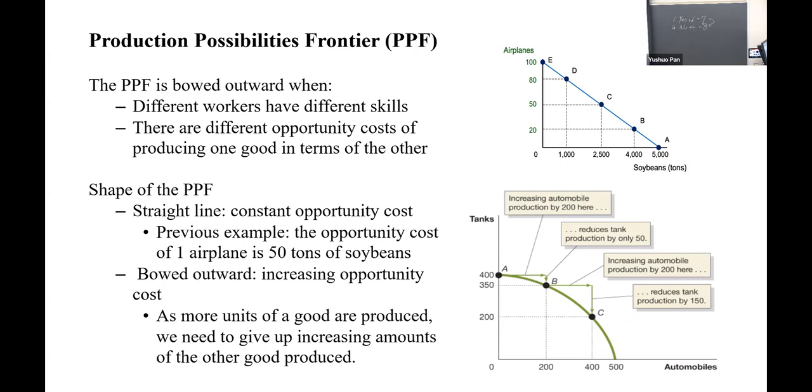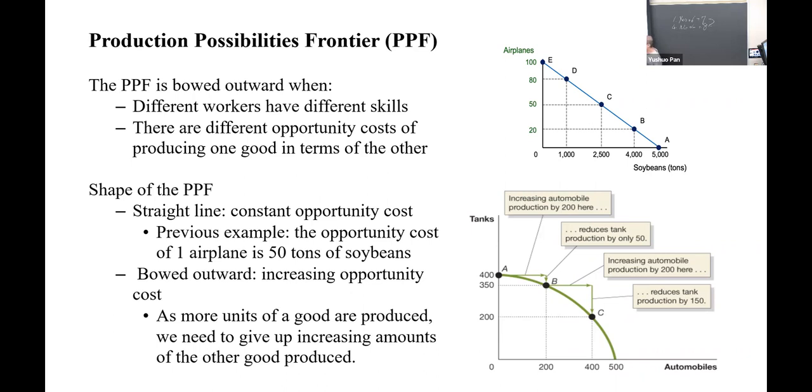So if I want to get 200 more automobiles, how many tanks do I need to give up from point A to point B? What's the opportunity cost here? Yeah, it's only 50, right? From 400 to 350. So what I need to give up is only 50 tanks. That's my opportunity cost.